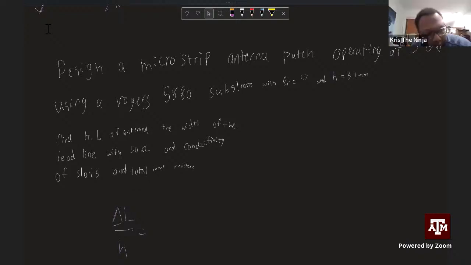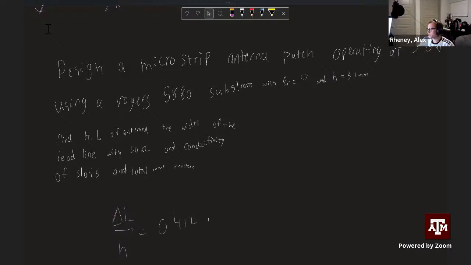Are you looking at the formula sheet now? Yeah, it's delta L over H is equal to 0.412 times epsilon ref plus 0.3 times W over H plus 0.264.